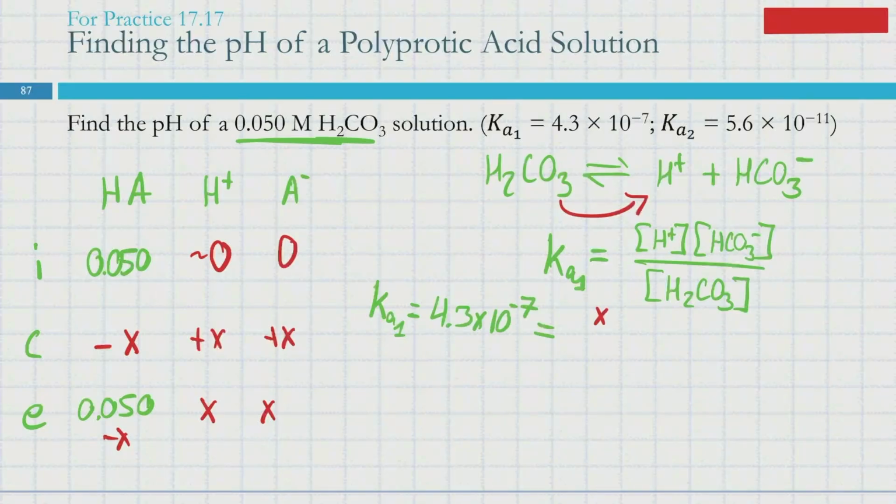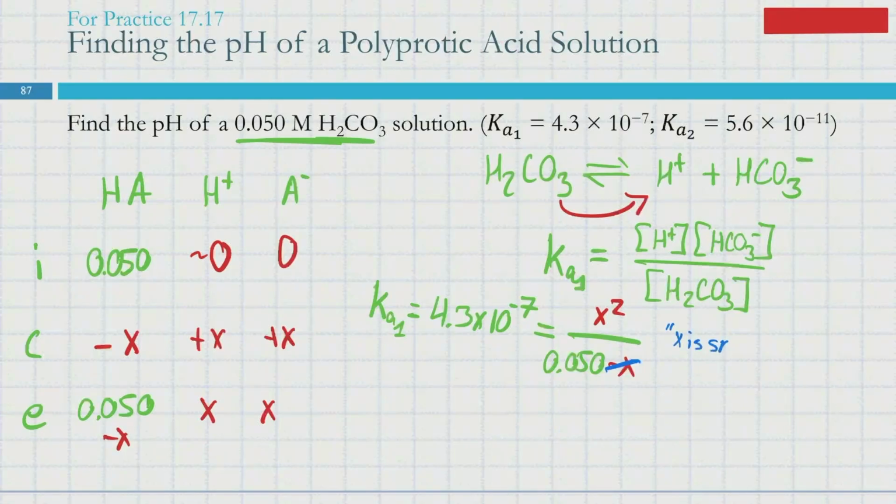So we're going to have X squared on the top over 0.050 minus X. And we've got a relatively large difference between our concentration and the magnitude of our Ka1, so let's try the X is small approximation.